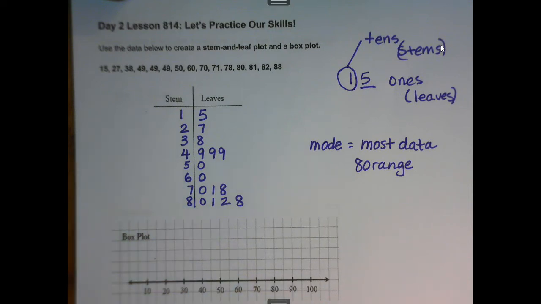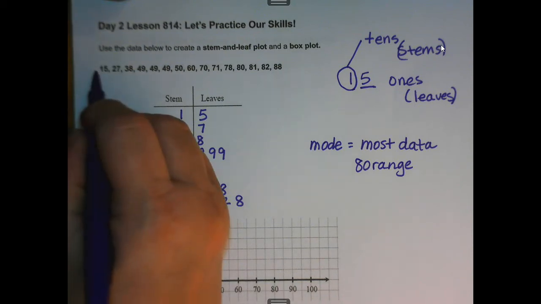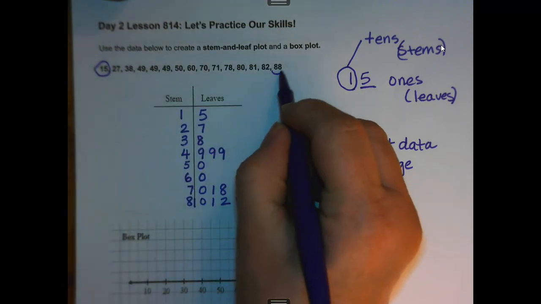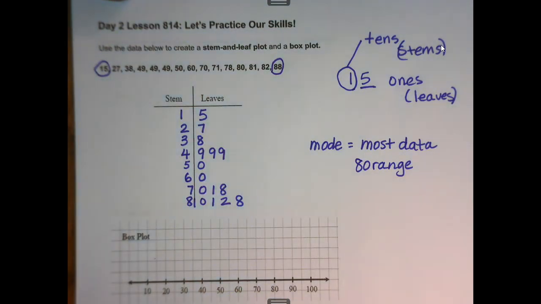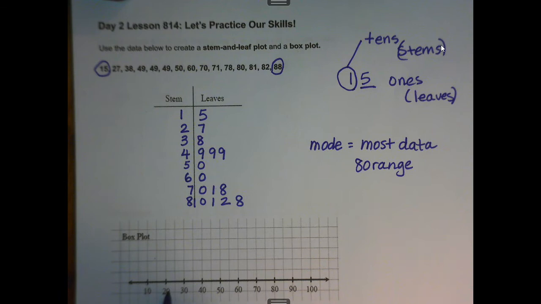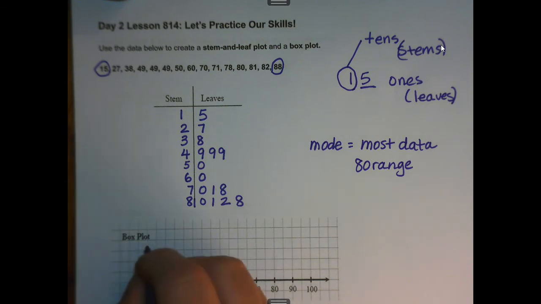And now we are going to go ahead and figure out how to make our box plot again. I'm going to go back up to our data and identify the minimum and the maximum. The minimum is 15, which is right smack in the middle of those two numbers, 10 and 20. So that's my min, and that's 15.